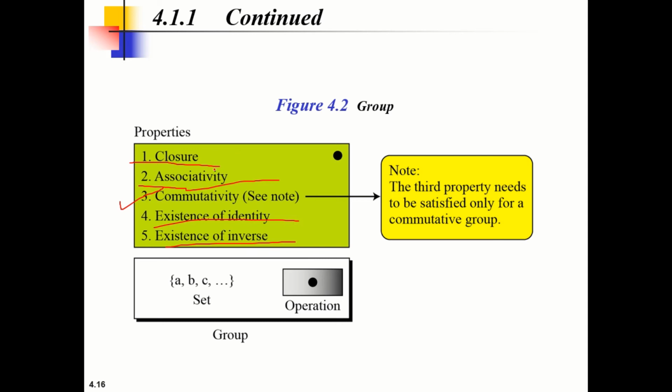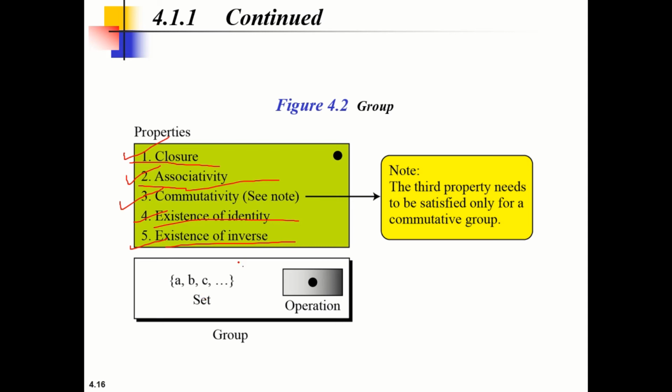If you're given a set of elements and those elements, along with the binary operation specified with that set, satisfy these four properties: closure, associativity, existence of identity, and existence of inverse, then we say that the set of elements is a group.